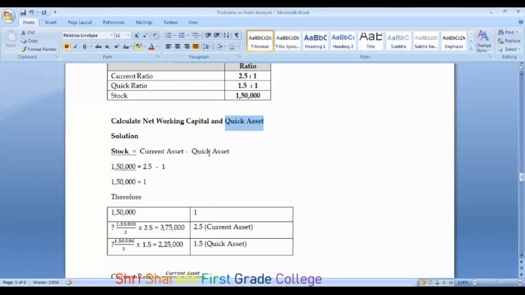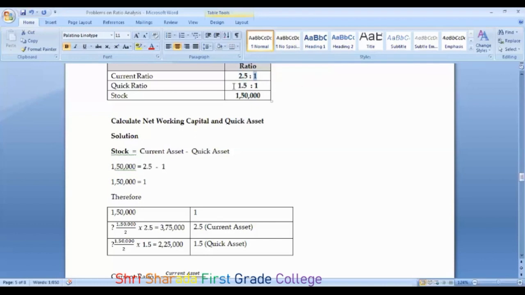See, whenever the ratios are given in this way, you can also apply the ratios and find out the stock. Stock 1,50,000 is equal to current ratio minus quick ratio asset. Okay. So current ratio formula is what? Current assets divided by current liability, which means 2.5 moves on for the current assets. 1 takes the value of the current liability.